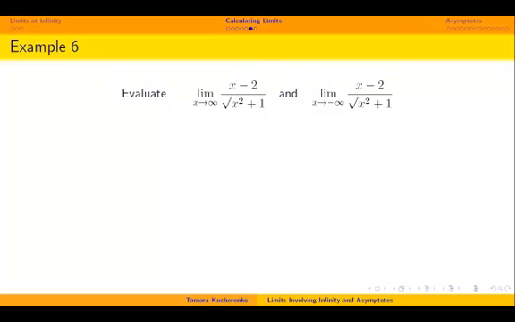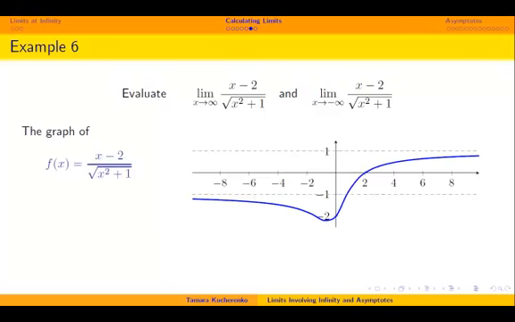Recall that we used the graph of this function and conjectured that the limit at positive infinity is 1 and the limit at negative infinity is negative 1. Now we will compute these limits algebraically to see whether our conjecture is correct.